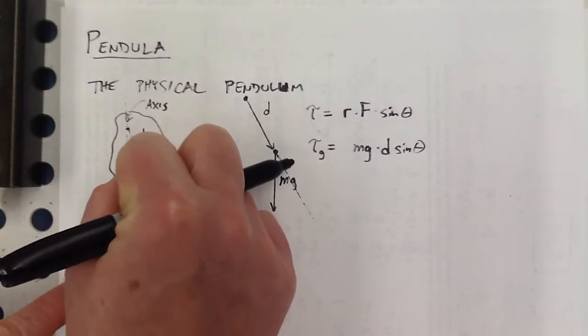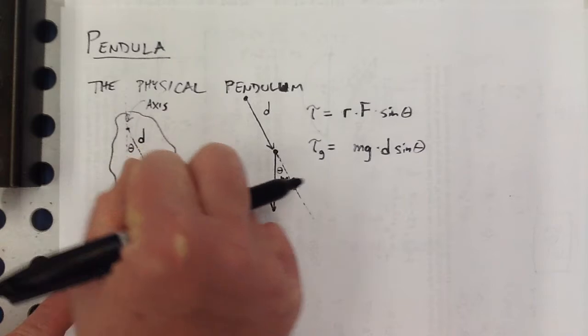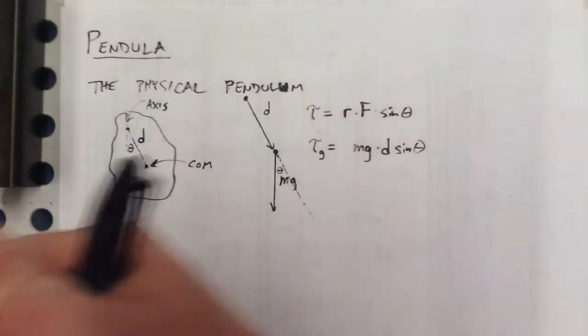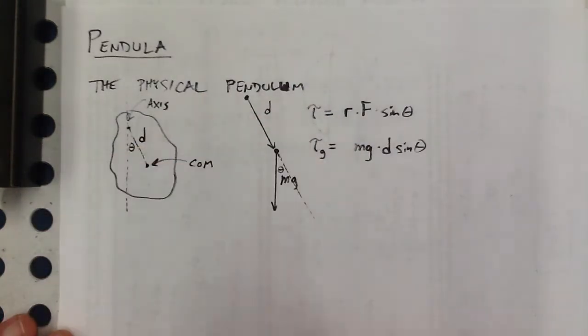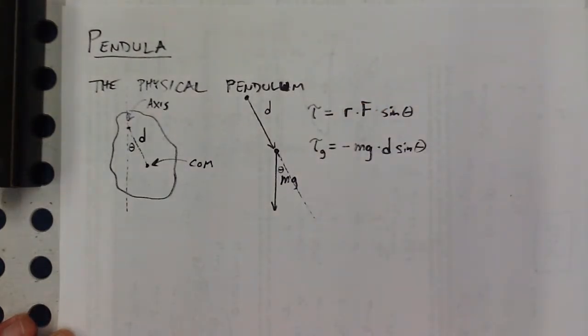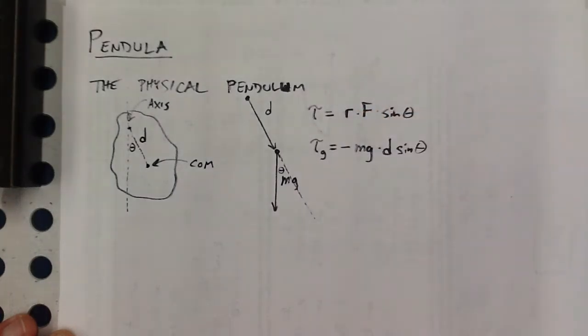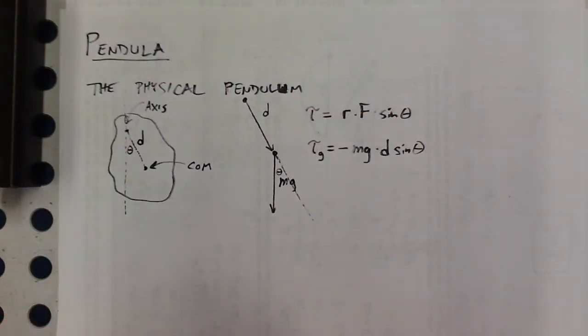And likewise, if your angular displacement is this way, clockwise, then your torque is going to be counterclockwise. So it's always going to restore. It's going to want to go the other way than whatever your angular displacement was. So we should have a negative sign there.